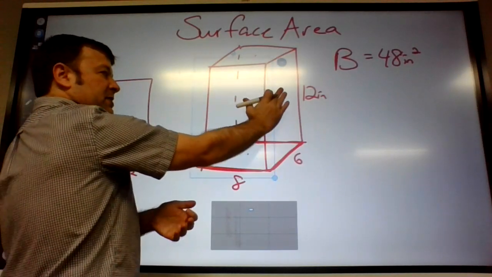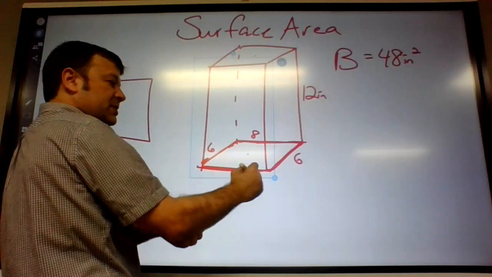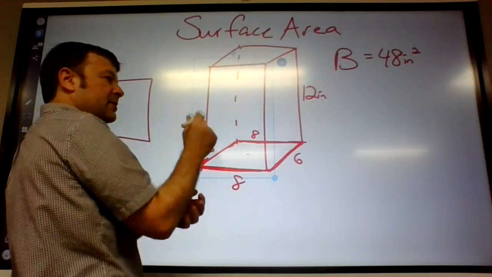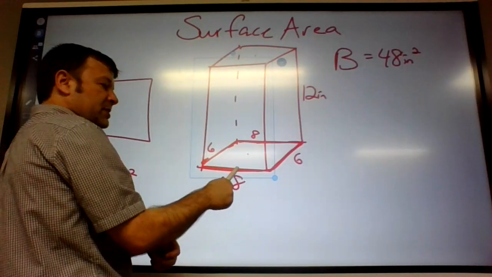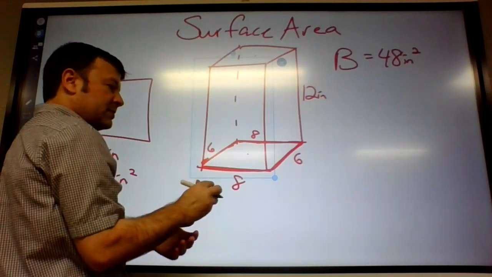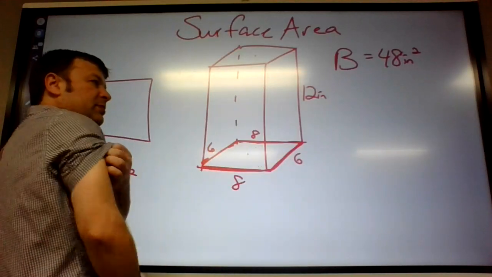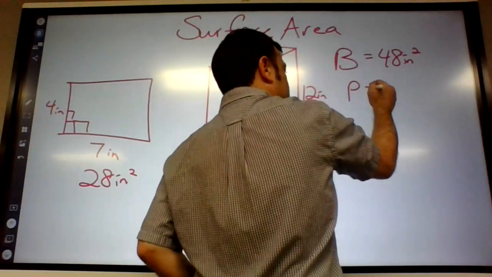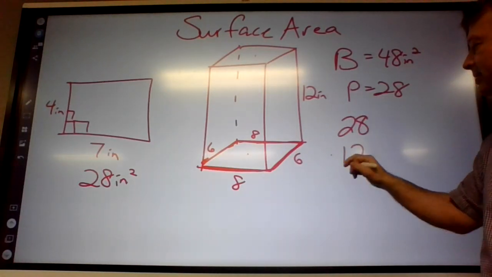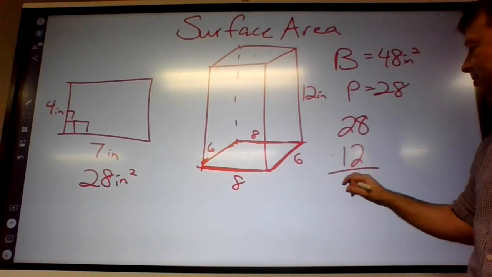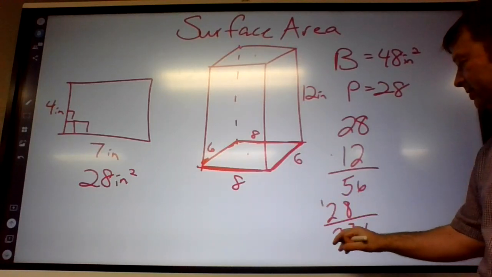So for all of these lateral faces, these up and down sides, we're going to do perimeter of the base times the height. Okay, so the perimeter of the base, 8 plus 8 plus 6 plus 6, or 8 times 2 plus 6 times 2, would be 16 plus 12, which is 28. So if you do the perimeter of the base times the height, this is 56 plus 280, 336.